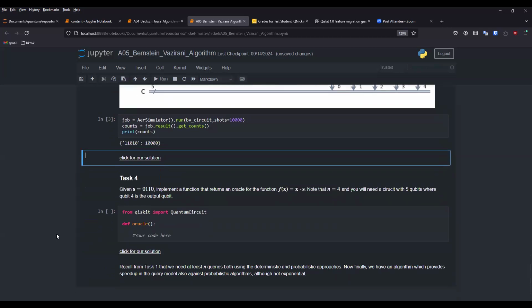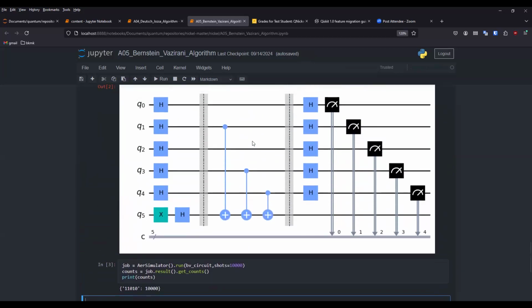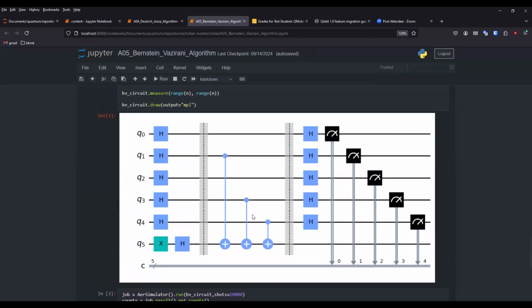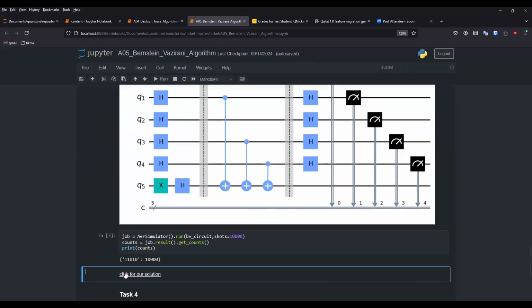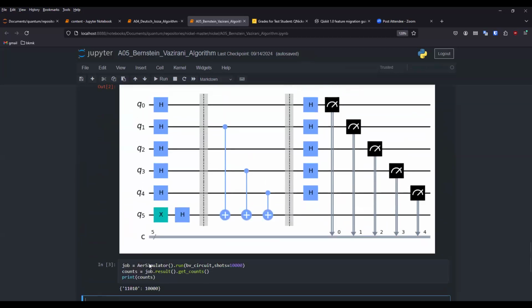And next, we have our last task for today, where we are given an S, and we want to design an oracle again. What you can do is you can run this multiple times and see what you get. Try to see what the result is, and then think about it.